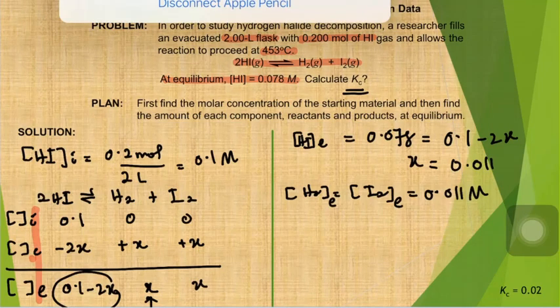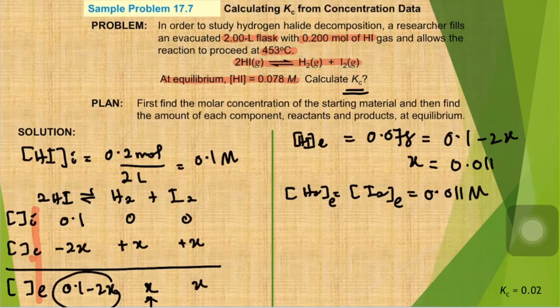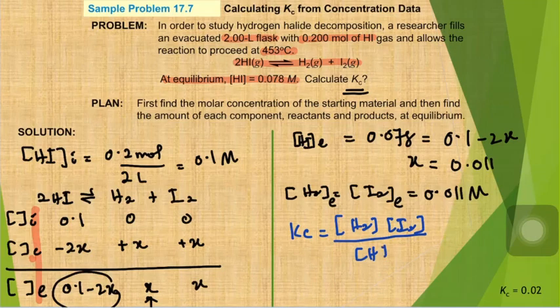So now we can calculate our Kc. Always start with the expression: Kc is equal to concentration of H2 to the power of 1, I2 to the power of 1, over concentration of the HI to the power of 2. Plug in the value.